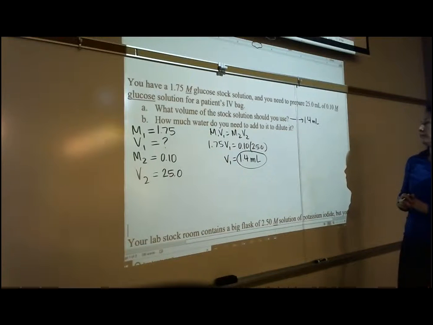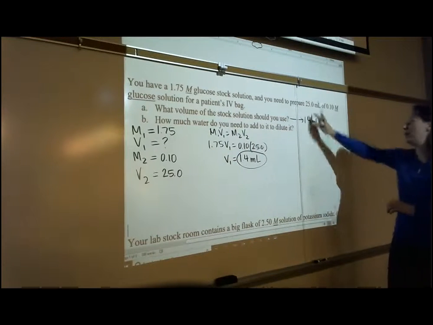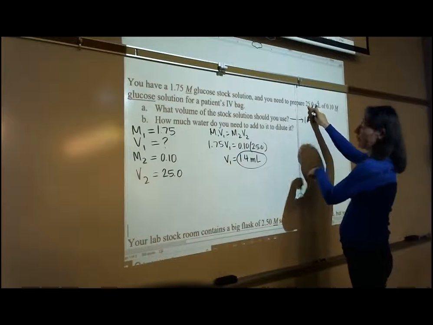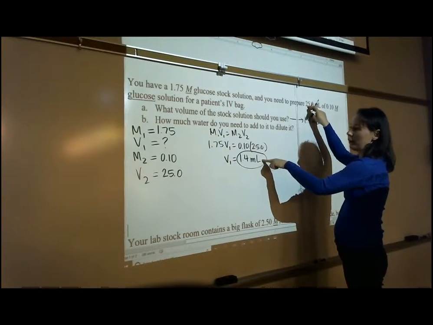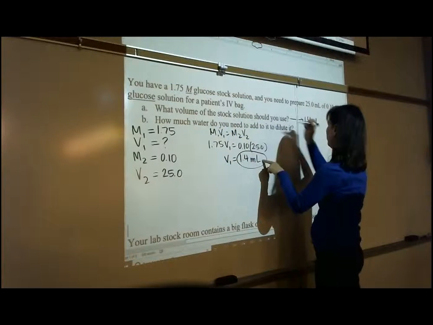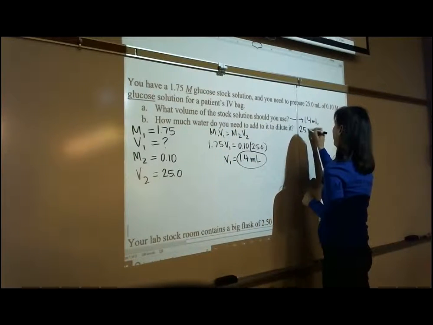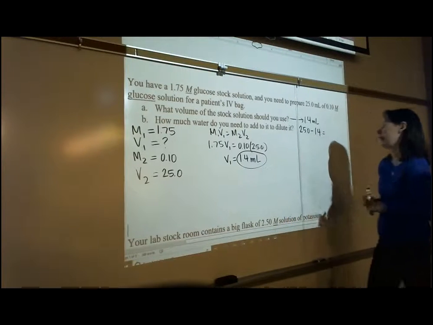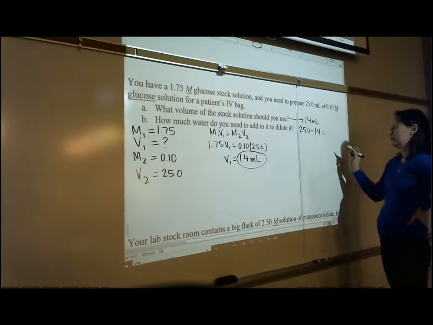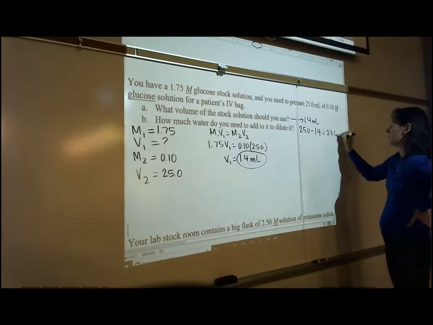Subtract 1.4 from 25. Right, you want the total volume to be 25, and 1.4 of that is going to be coming from the stock solution. So it's just 25 minus 1.4. So what do you get when you do that? 23.6.